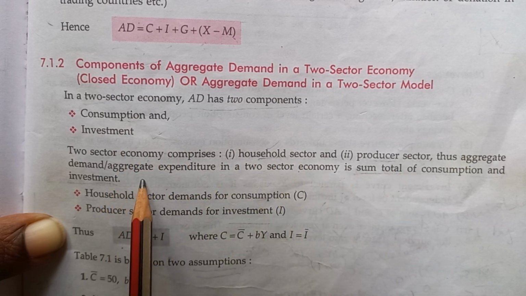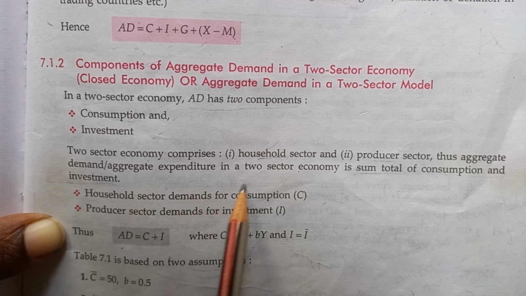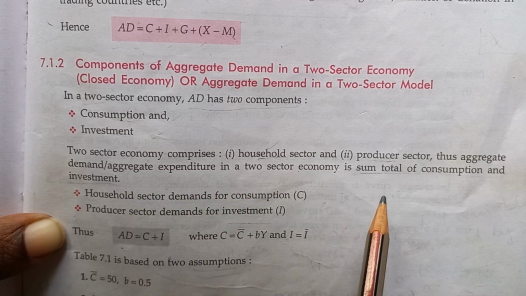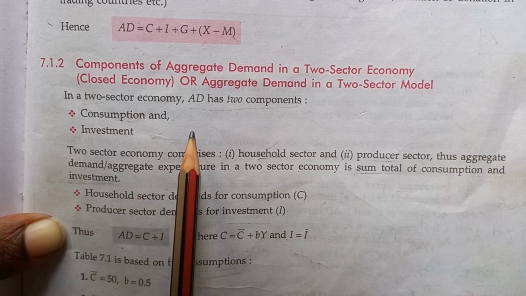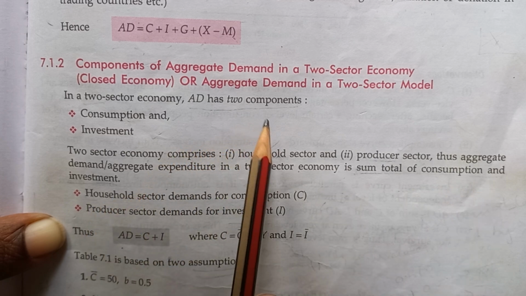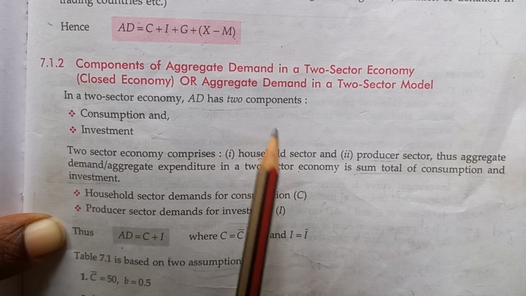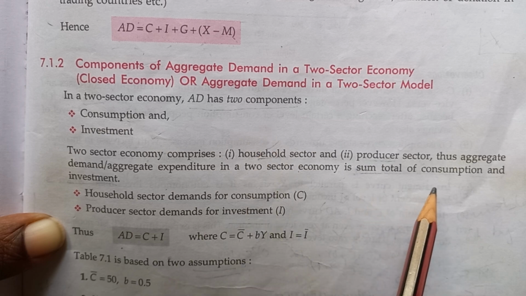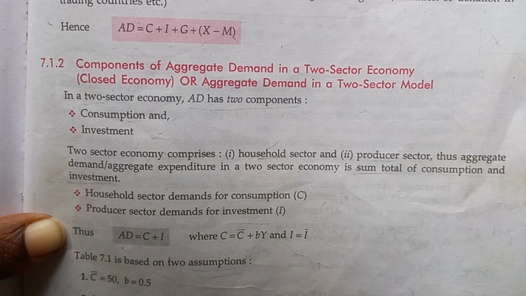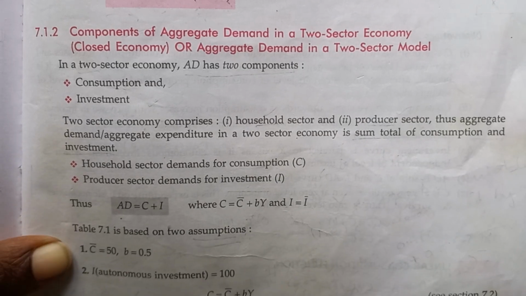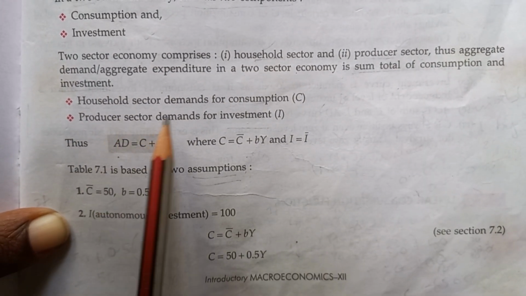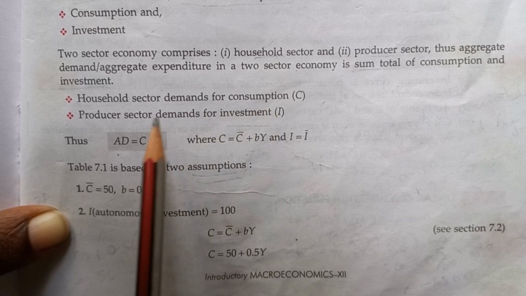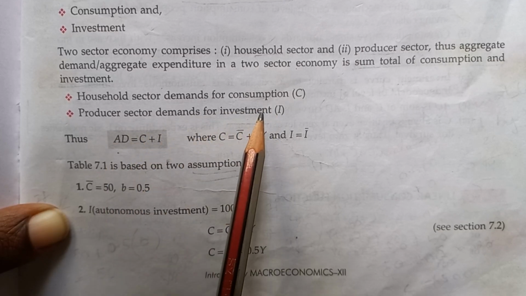Thus aggregate demand or aggregate expenditure in a two-sector economy is the sum total of consumption and investment. Household sector demands consumption, producer sector demands investment.